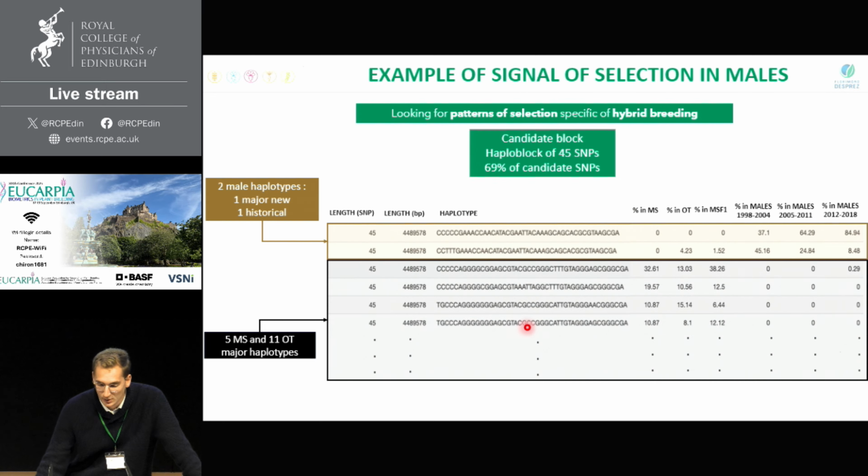And here you have a few examples of haplotypes carried by females. Looking at these columns, which are the frequency of the haplotypes in each pool, we can see that the first one is nonexistent within females and has increased a lot during the 20 year time period, from 37% to almost 100%, so 85% of males today carry the same haplotype.